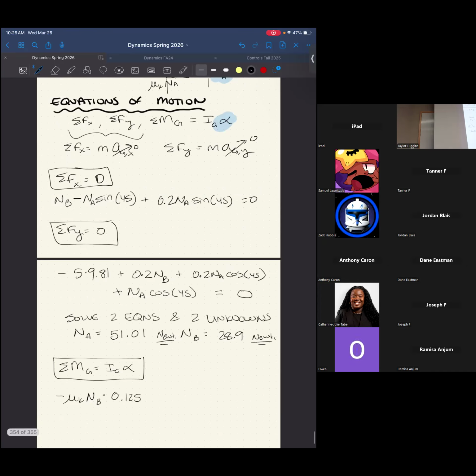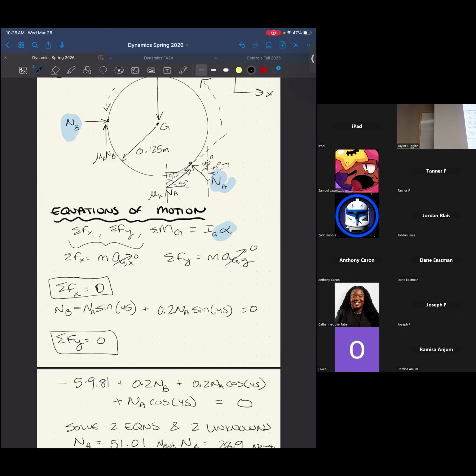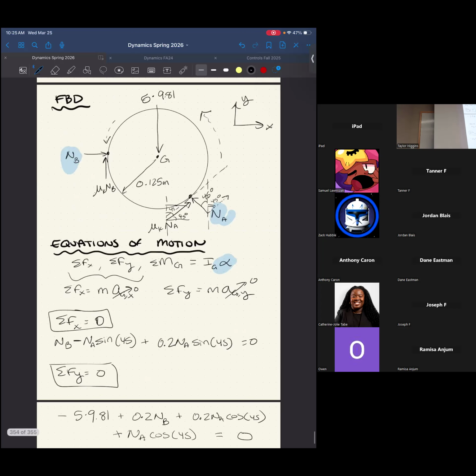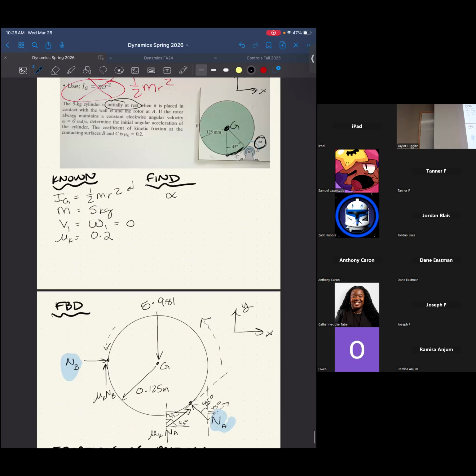Tell me about friction at A. That one's positive. Very good. So plus mu K NA times 0.125 equals my corrected IG, which is 1/2 m r squared.